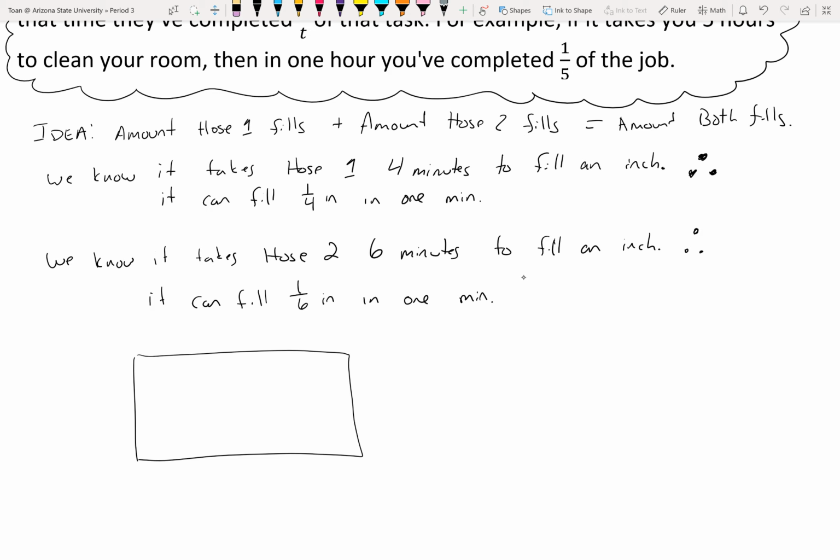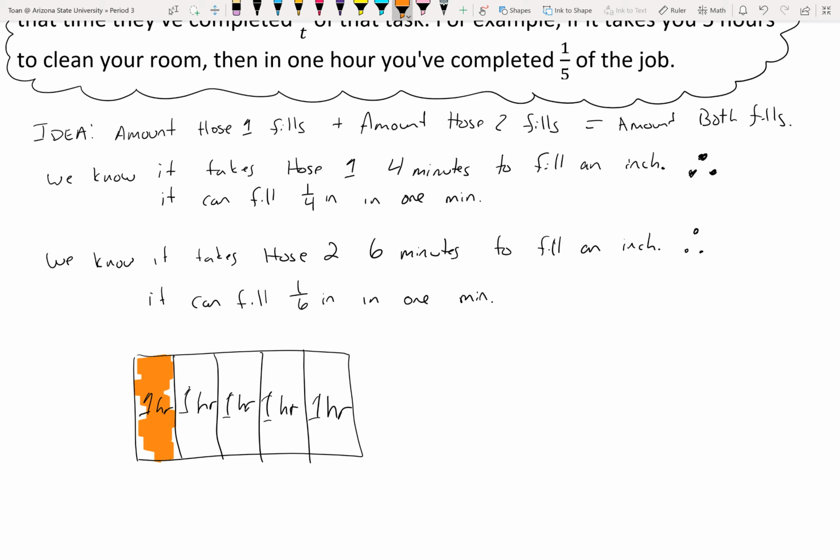Because if it takes you 5 hours to paint the wall, it's as if you cut the wall in 5 pieces, and every single piece is 1 hour. If every single piece is 1 hour, what's the total amount of hours I have in this whole wall? 5 hours. What part of the wall is shaded after 1 hour? 1/5 of it. Okay. Does that make sense?